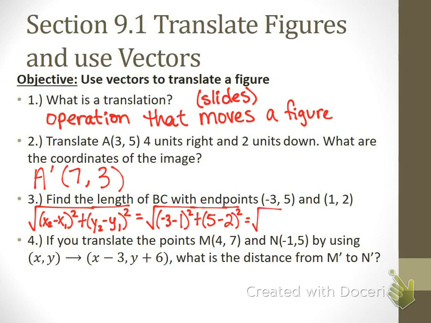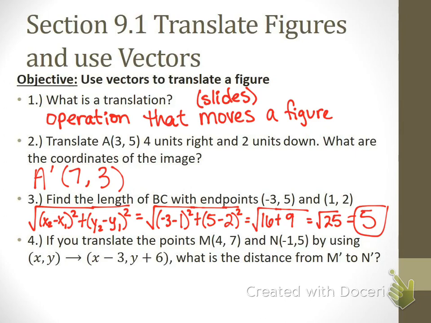And if we square that? 16. Plus 5 minus 2 is 3. Squared is 9. Add them together, we get 25, and the square root of 25 is 5. Questions about number 3?